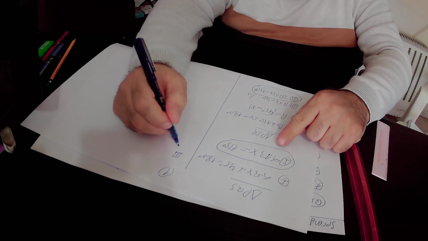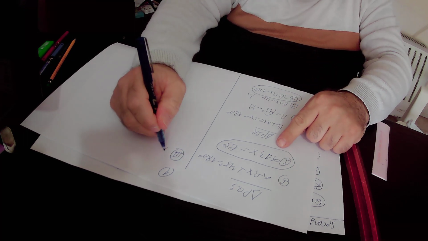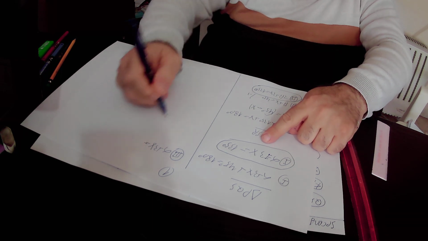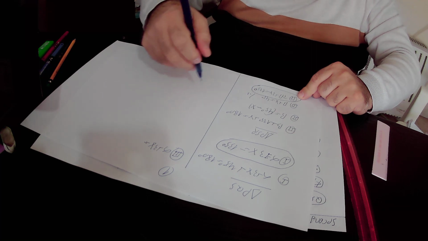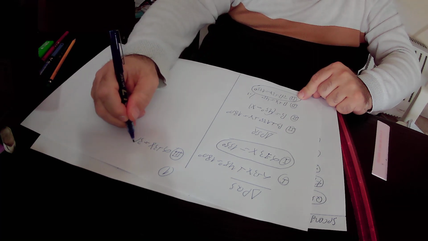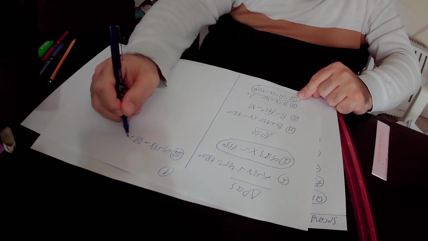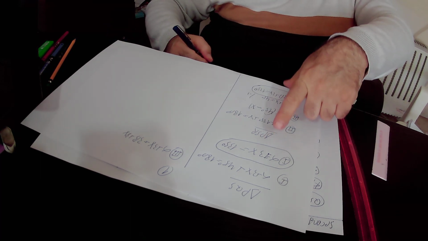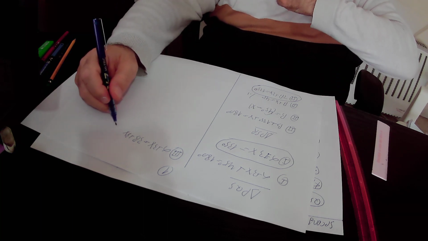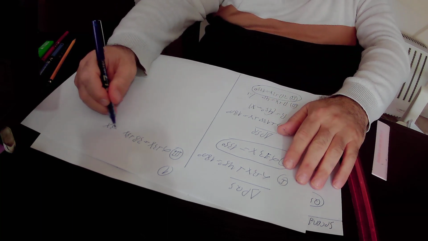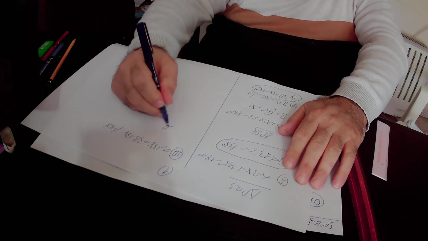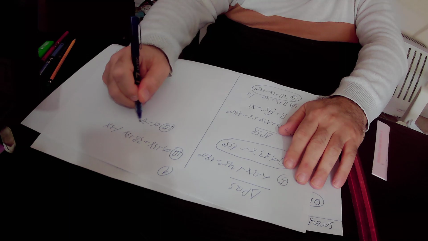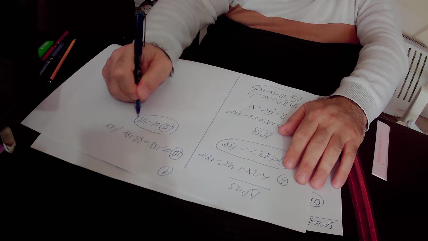This side, alpha plus 3x, equals 135 degrees. And this side, 3 beta plus 3x, also equals 135 degrees. So those two sides are equal to each other. Here we will subtract 3x from equation number 3, and we will get that alpha equals 3 beta. So according to equation number 3, alpha equals 3 beta.